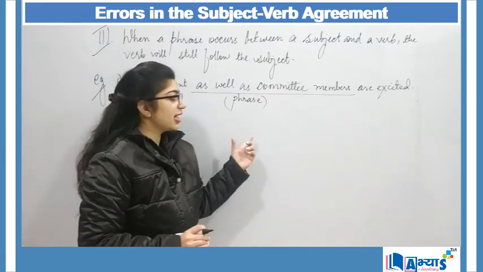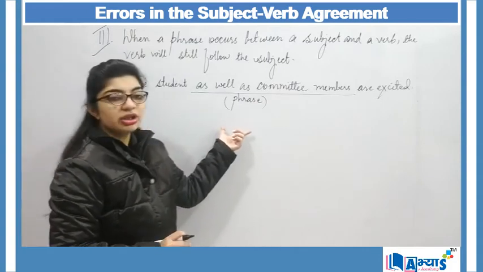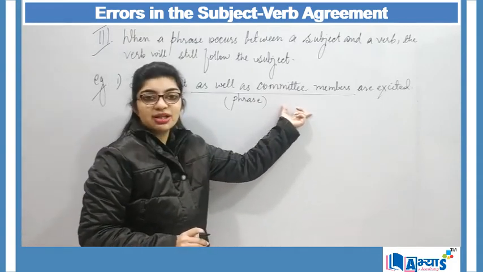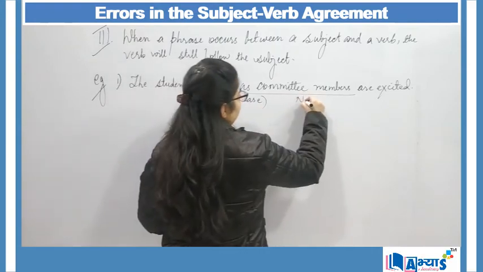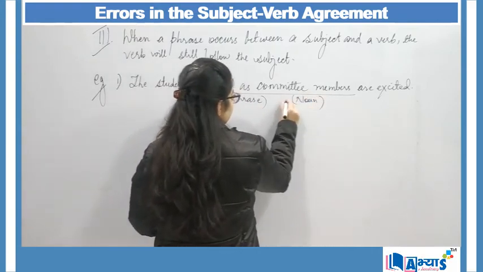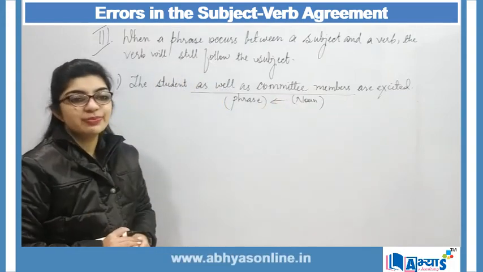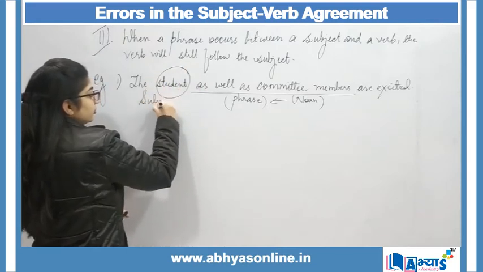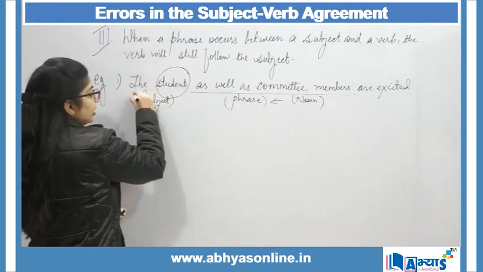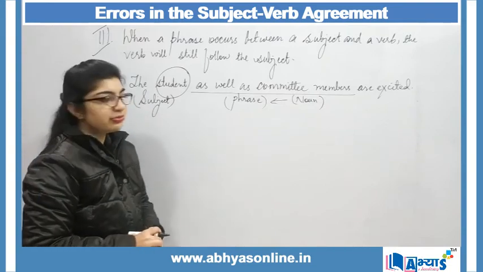I have said that the verb will always follow the subject and not the noun. Here committee members are the noun of the phrase, and not the noun as a subject. Subject over here is student, and if student is my subject, then my verb has to go along with the subject.